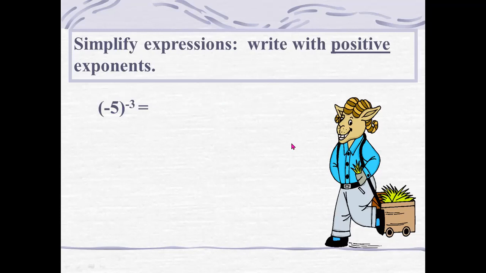What is that one written with a positive exponent? 1 over negative 5 to the power of? Yes. Okay, so that will be 1 over negative 5 raised to the power of 3.